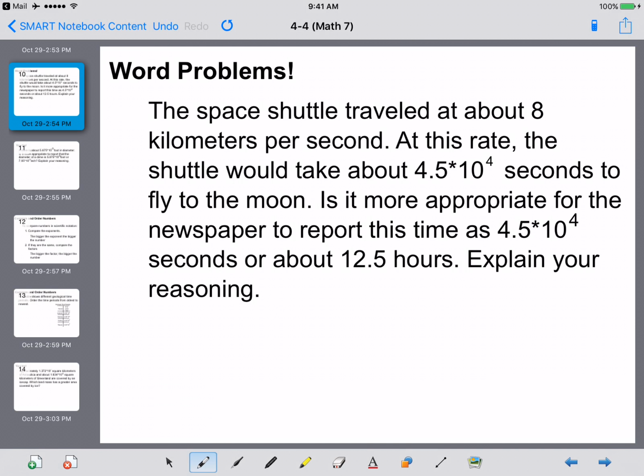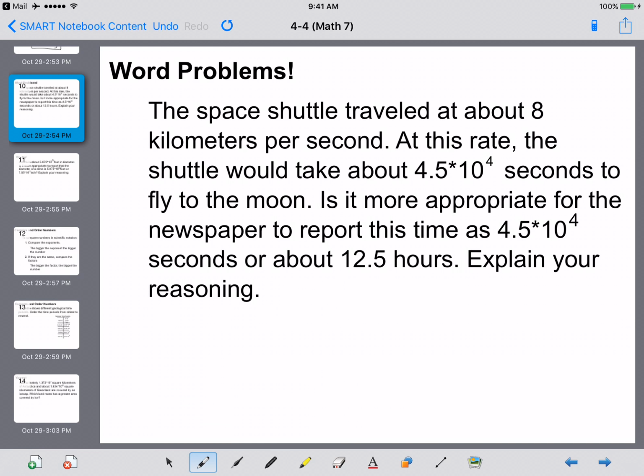Now we've got some word problems. So here it says the space shuttle traveled at about 8 kilometers per second. At this rate, the shuttle would take about 4.5 times 10 to the 4th seconds to fly to the moon. Is it more appropriate for the newspaper to report this time as 4.5 times 10 to the 4th seconds, or about 12.5 hours? Explain your reasoning. So looking at this, 4.5 times 10 to the 4th seconds, I literally have no idea what that time even means.